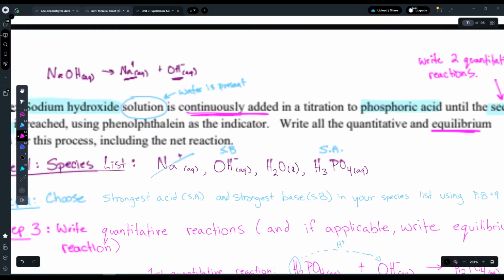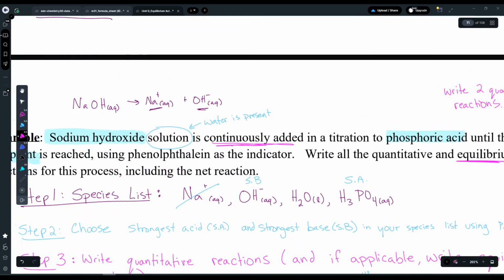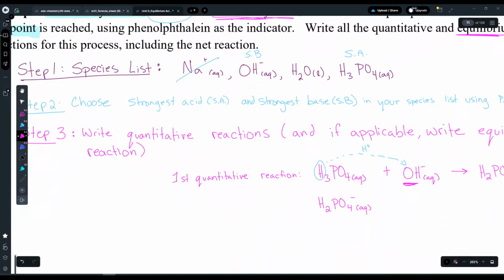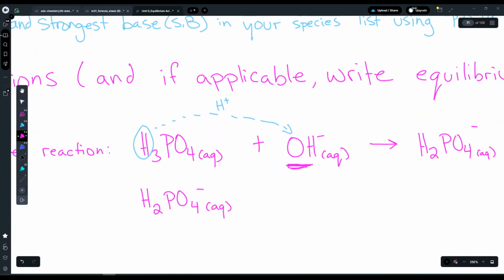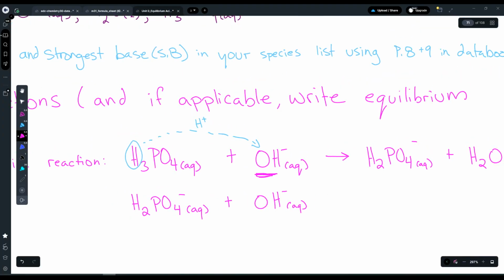And because sodium hydroxide is being continuously added, I react it with the hydroxide ions because that is my strongest base. So essentially, for the first quantitative reaction, we were reacting our strongest acid, phosphoric acid, with our strongest base, which is hydroxide.